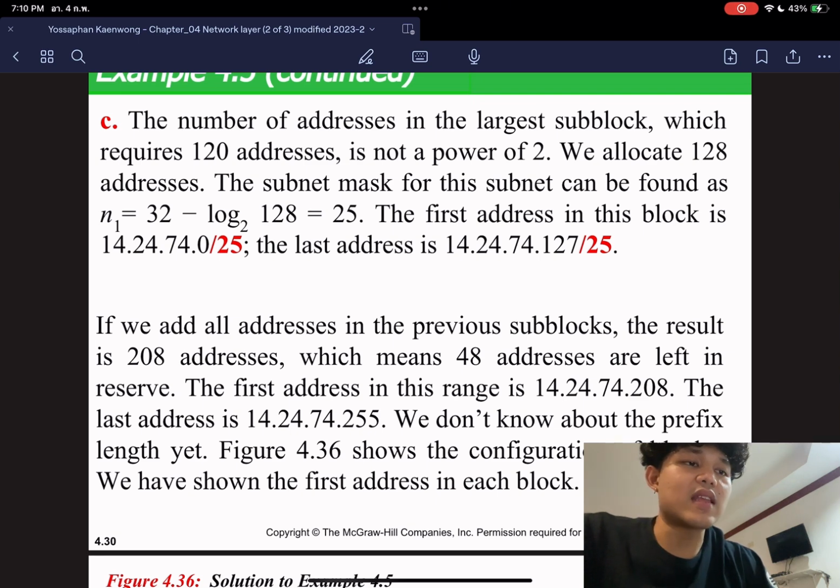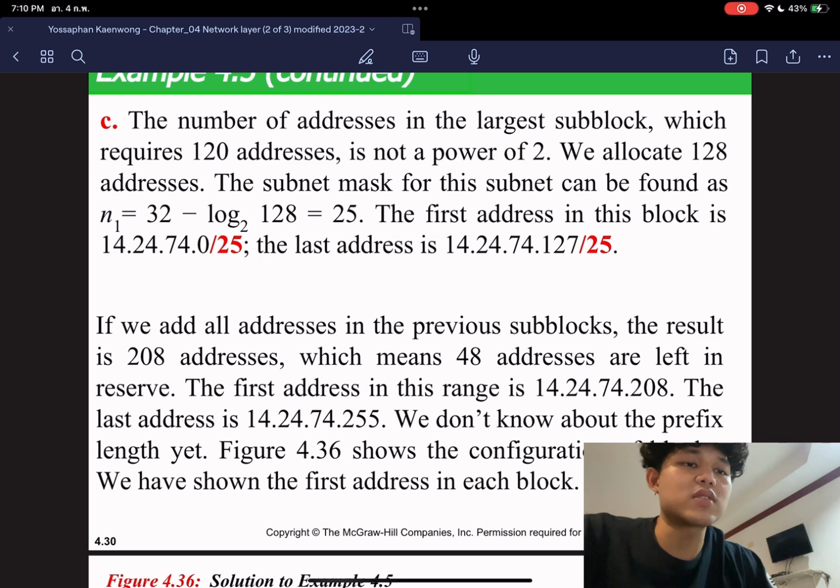The first address in this range is 14.24.74.208. The last address is 14.24.74.255, and we don't know about the prefix length yet. So figure 4.36 shows the configuration of blocks.